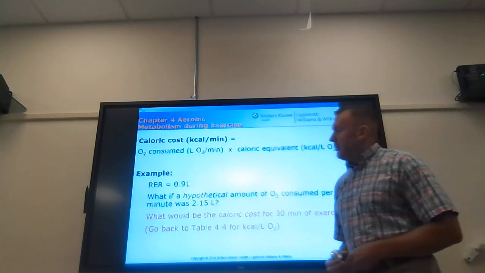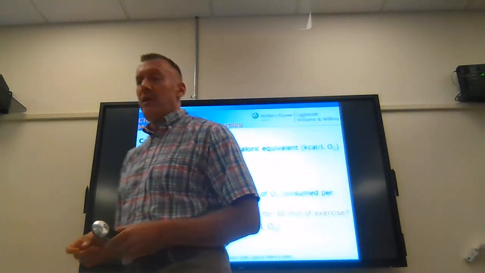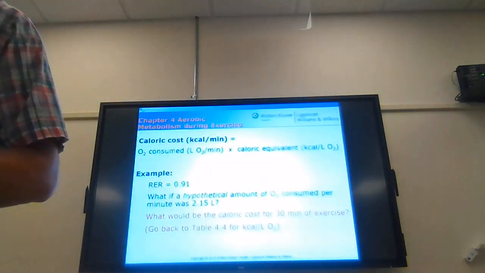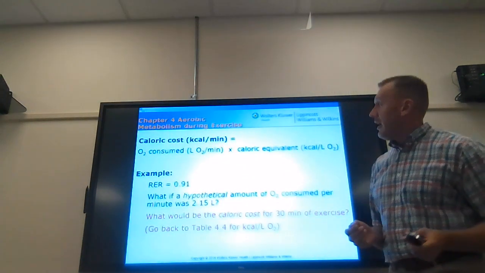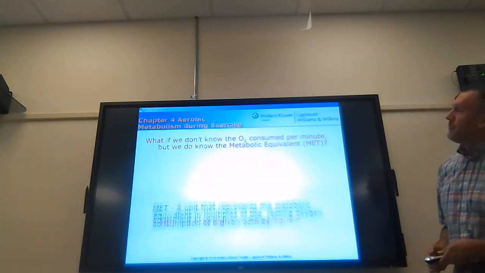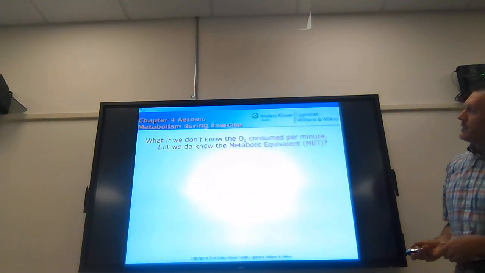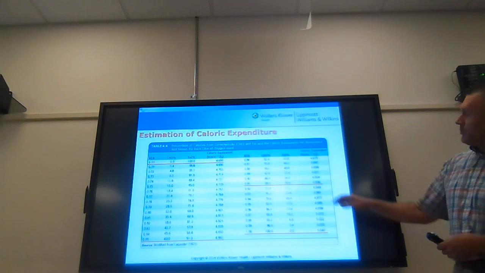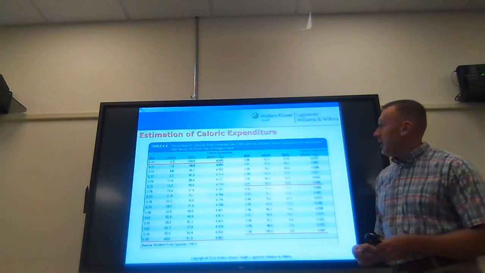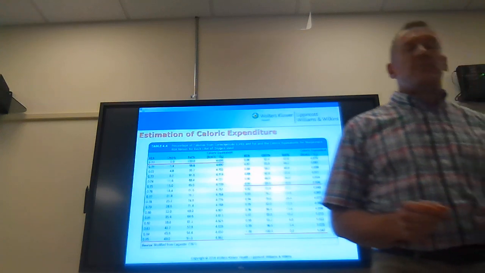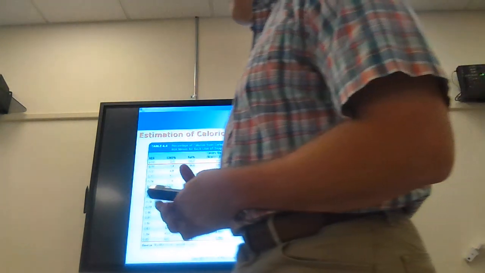So 2.15 liters of oxygen consumption multiplied by 4.936 calories per liter, what do we come up with? 10.61.